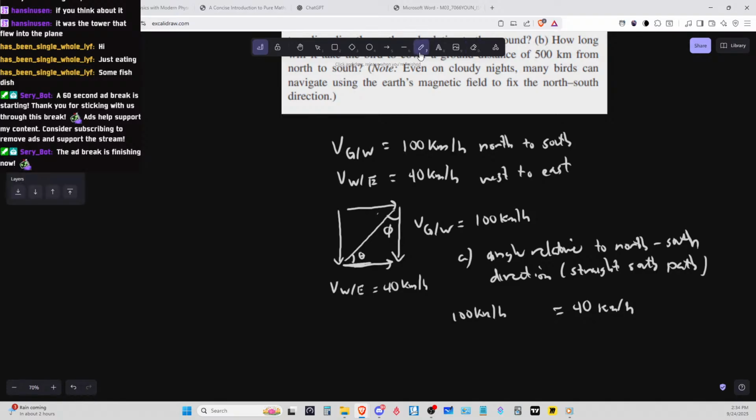Because my thought process is that the geese have to fly towards this direction so that they can maintain a southern straight line. So it's going to be this one. So it'll be sine.